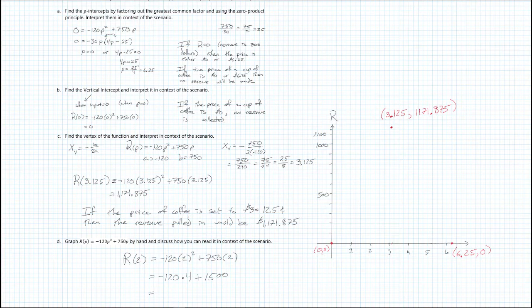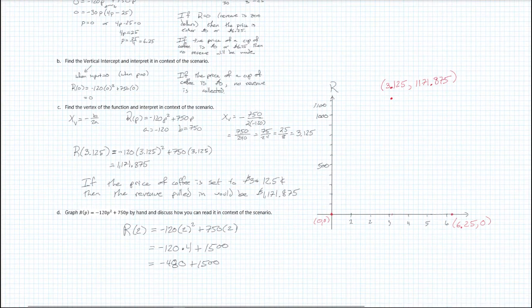Negative 120 times 4 is negative 480 plus 1500. And so if I subtract 480 there, I'll get $1,020. So at 2, we'll go up to 1,020. Just over the 1,000 mark.